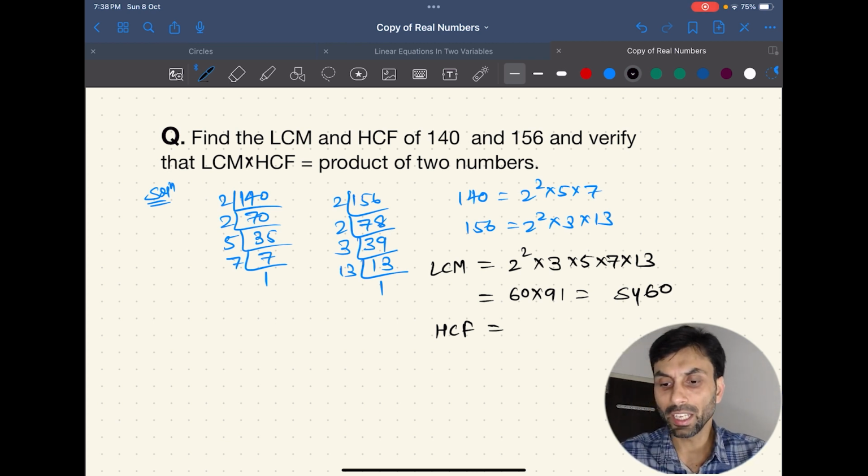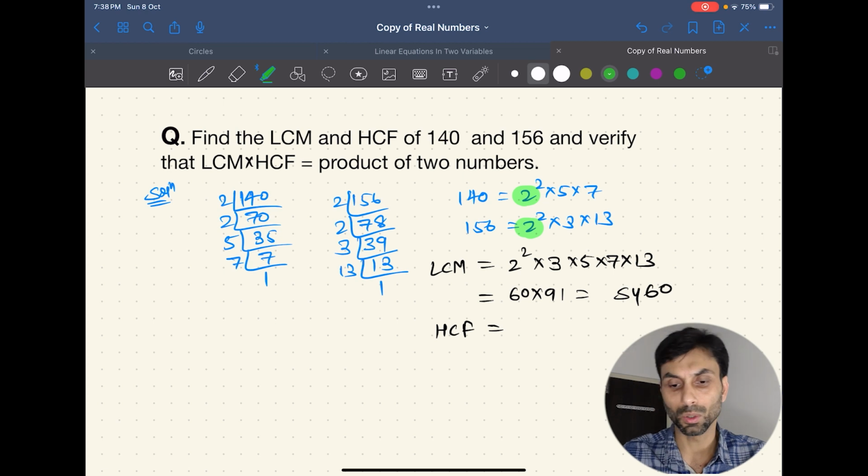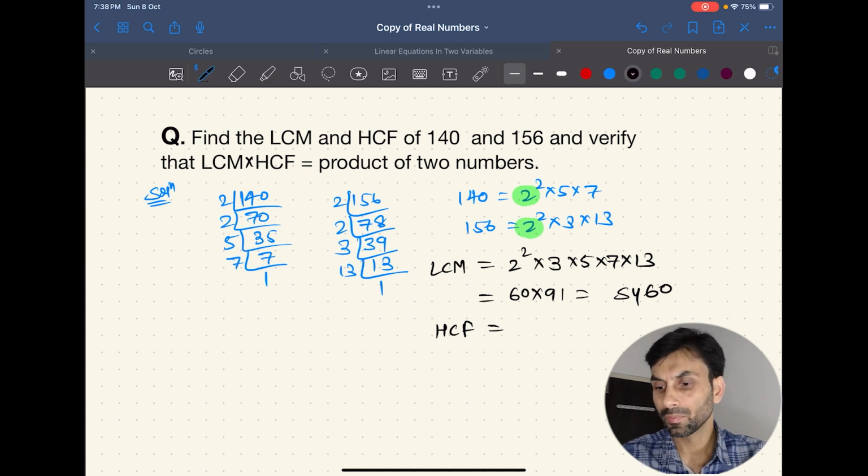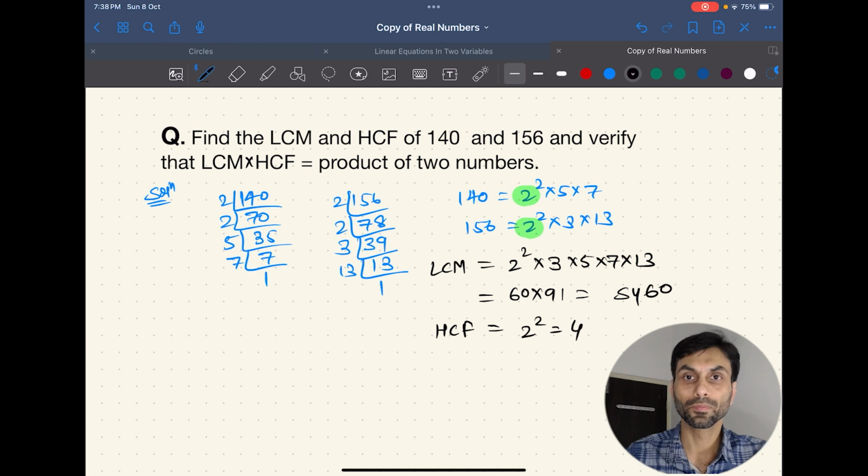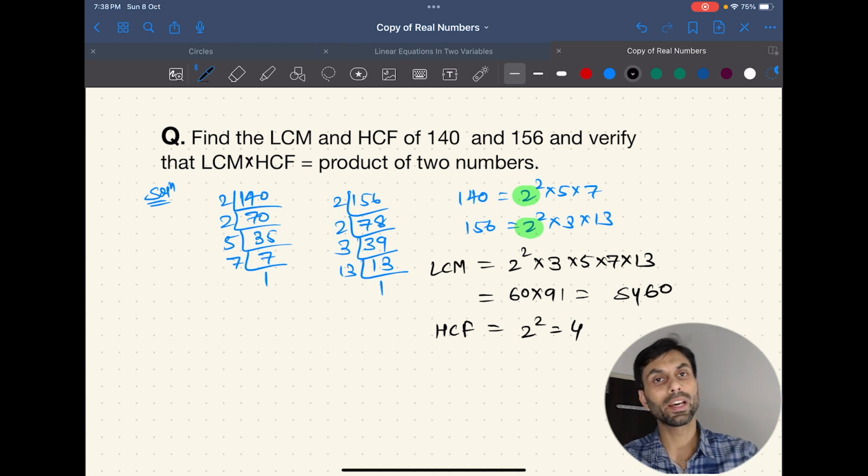In these two prime factorizations, only 2 is the common prime factor and both have the same power, so we take that power, and the value of HCF will be 2 square, which is 4. So this is how we find the LCM and HCF of these numbers.